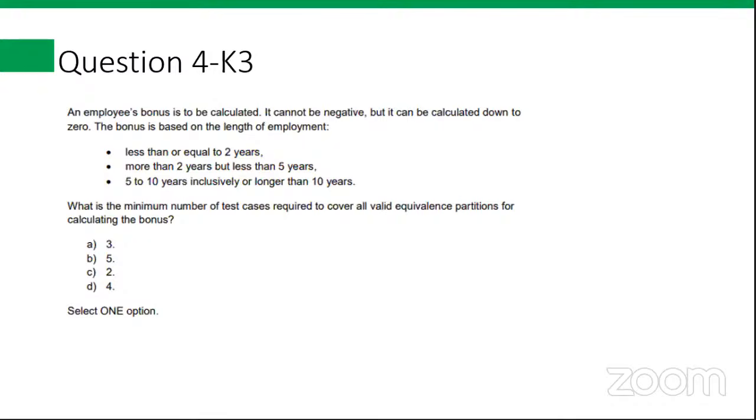That means the third statement has two partitions. So altogether, less than or equal to 2 years is one partition, more than 2 years is the second partition, and the third point gives you two partitions. So instead of 3, the correct answer here is 4. The minimum number of test cases required is 4.